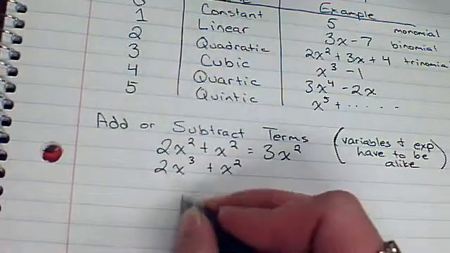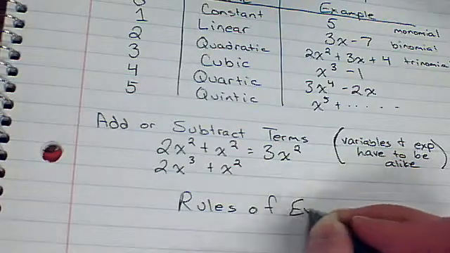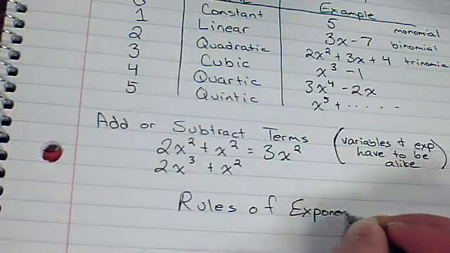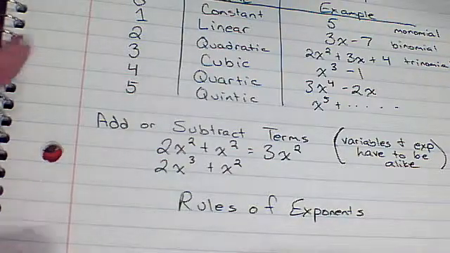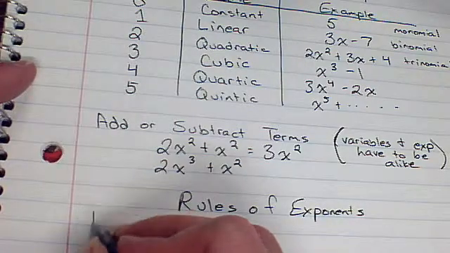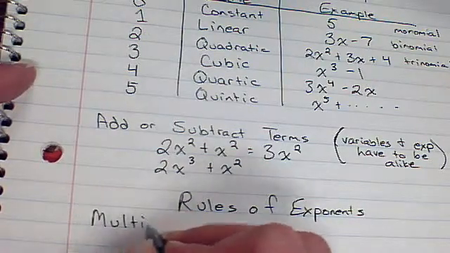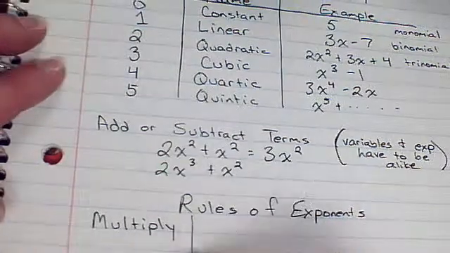So let's review the rules of exponents. Okay, the first one I want to review is when we have a product, or when we multiply. So what I want to do here is I'm going to write the name of the rule over here.